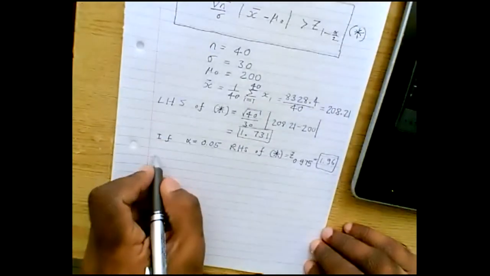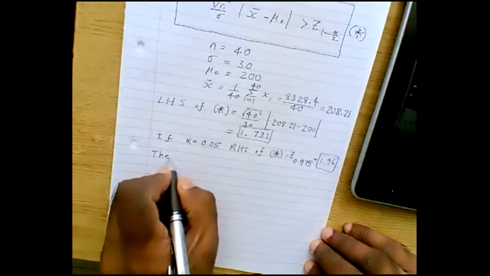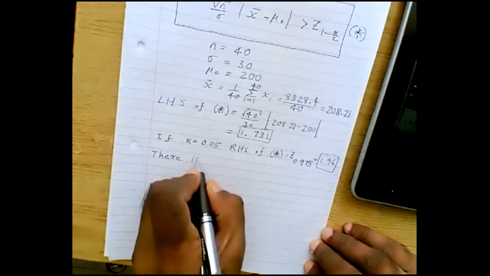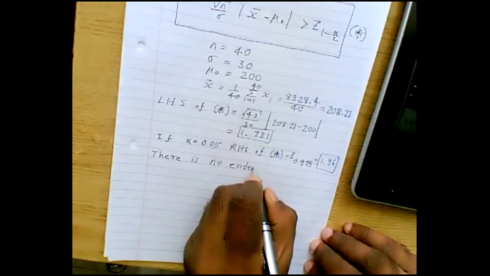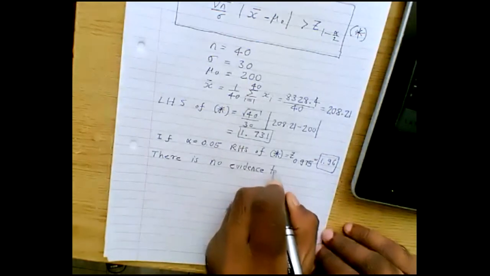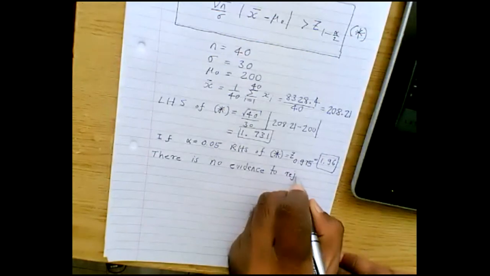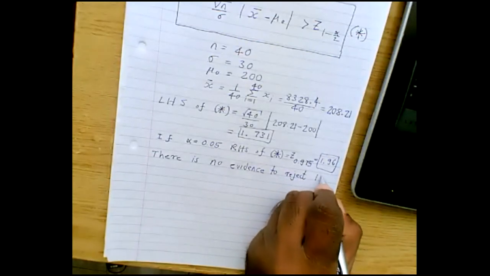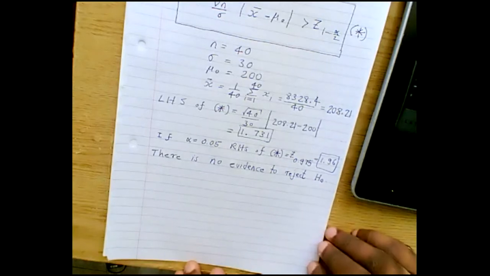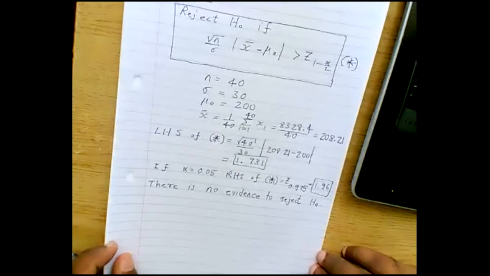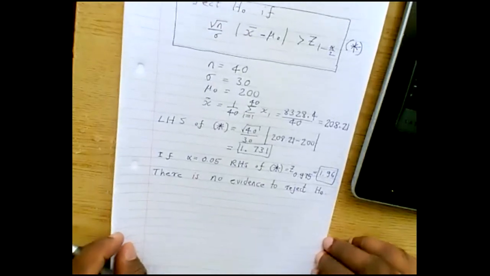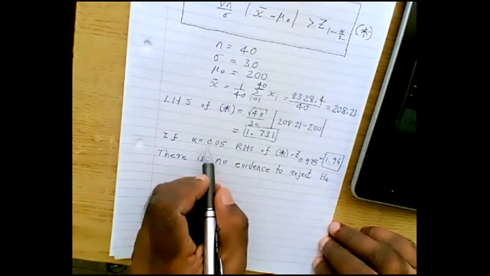So the conclusion is that there is no evidence to reject H0, right? So in other words, we accept the alternative hypothesis, okay? That's if alpha is 0.05.